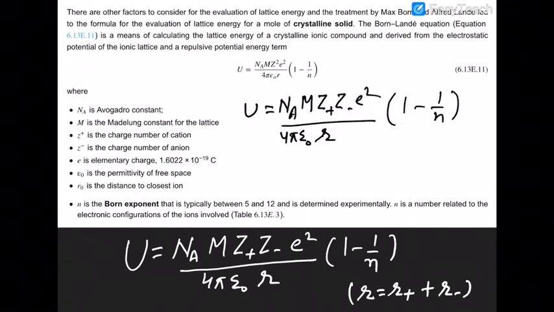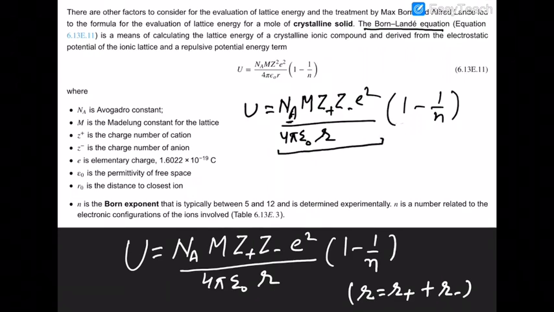Now the most important equation for the lattice enthalpy is the Born-Lande equation. And what is the Born-Lande equation? It is the product of this factor, this portion.